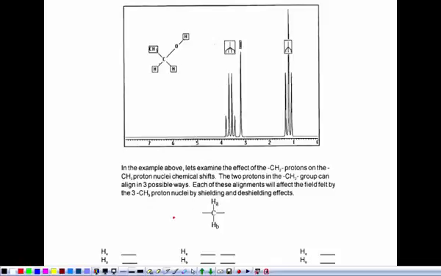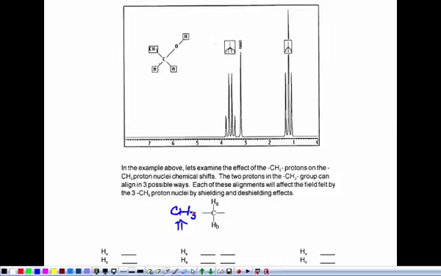So for instance, let's look at the CH3. The CH3 hydrogens have as neighbors the CH2 group. And by neighbors, I mean the hydrogens that are attached to the carbon that are next door. Not 2 bonds away, just a single bond away. And so the CH3 then has 2 neighbors, the CH2 group. Well, it turns out that those hydrogens, if they're acting like little bar magnets, can either be aligned with the field or they could be aligned against the field.